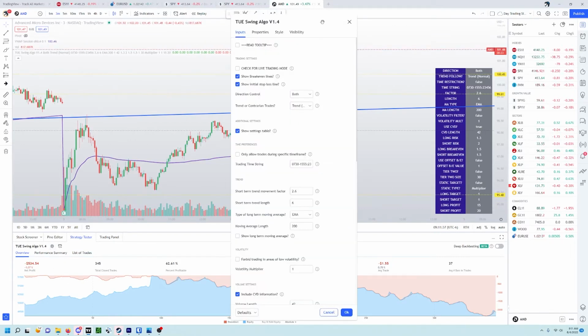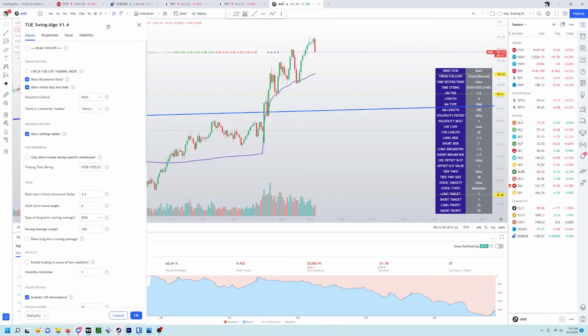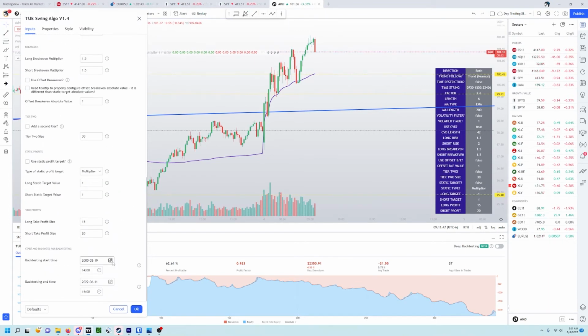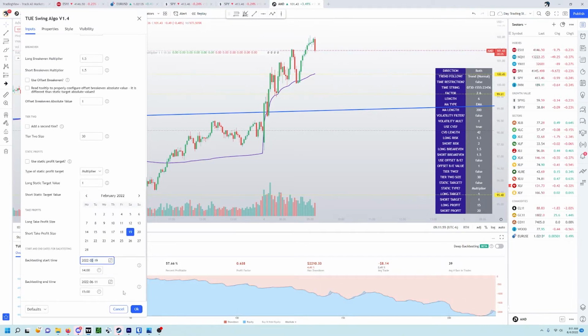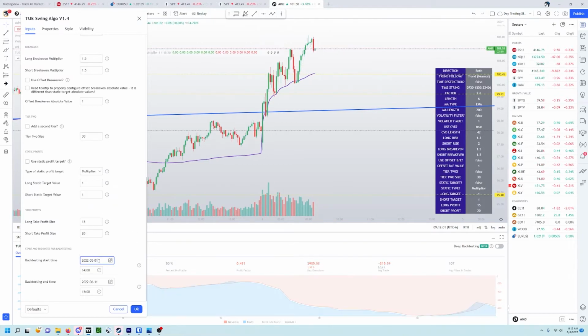So what we have to do is come in here, and now when I backtest on the 3-minute, I'm really only interested in the last several months' worth of data. So let's change this a little bit. And that's because over time, as you get further and further back, especially on the lower time frames, the data becomes less relevant.